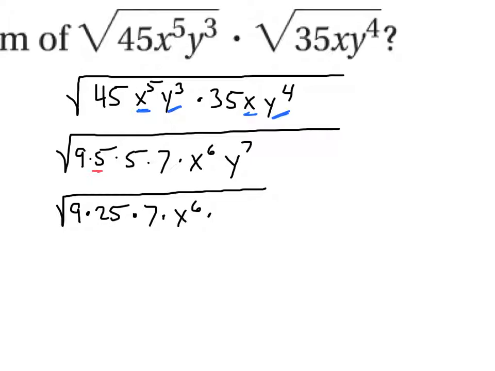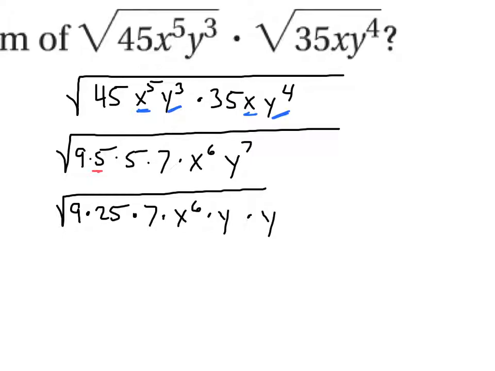Okay? And so now, again, remember that phrasing. If I ask you, is y to the 7th a perfect square, I'm asking you, is 7 divisible by 2? No, it's not. But we can break it apart, right? We can break it into a perfect square times something else. So I'm going to say y to some power times y.